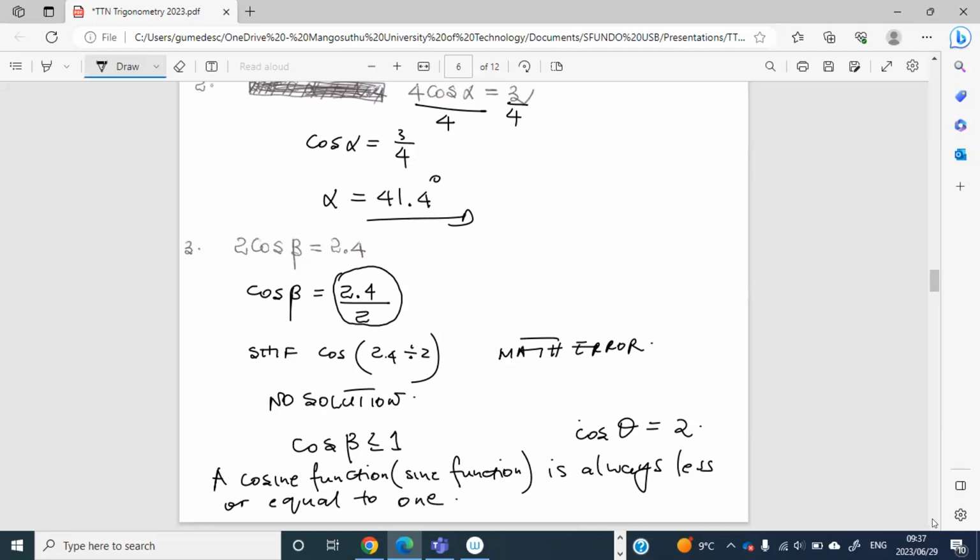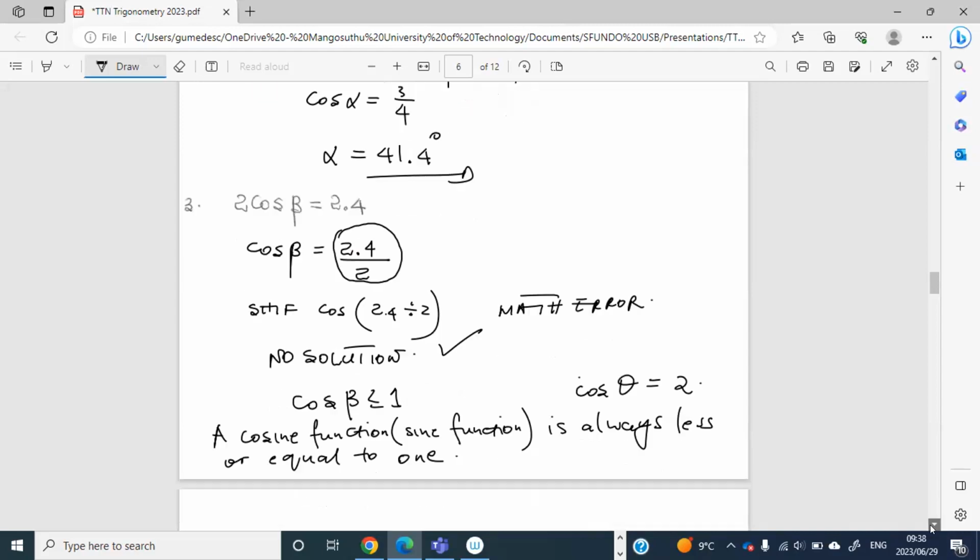But if you couldn't see it from the beginning, you'll just press shift cos, and when you get a math error, you'll say, okay, there's no solution. So this equation cannot be solved. There's no beta that satisfies this equation. Right. I hope that is clear and very straightforward, that not all trigonometric equations will have solutions. So if you get a math error, it means there's no solution. There's nothing wrong about that. Right. That is number 3.